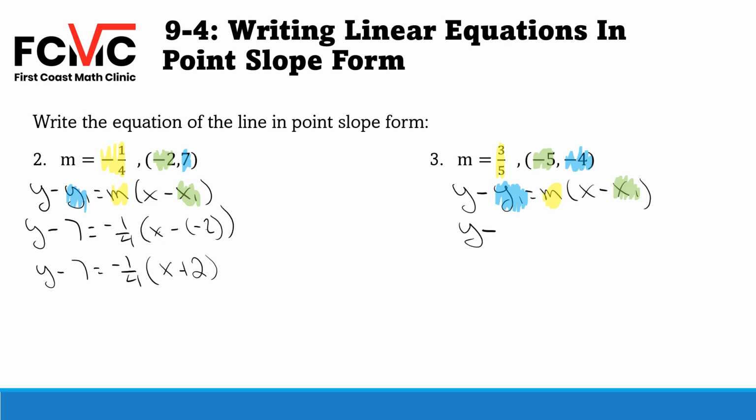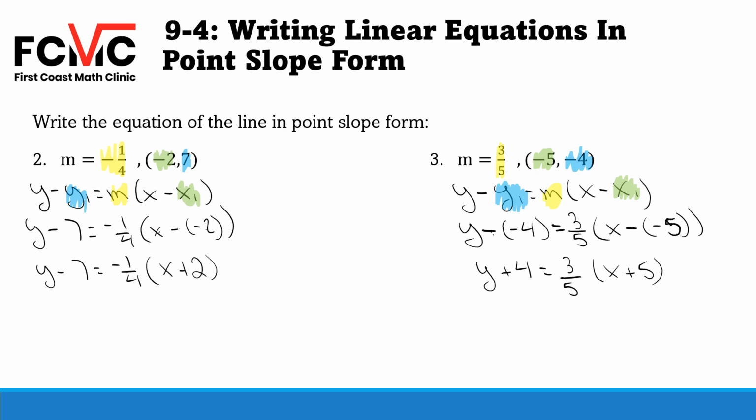So I get y minus negative 4 equals 3/5 times x minus negative 5. So we've got minus and negative and minus and negative. We know we can use our subtraction rule, keep, change. So this is going to become y plus 4 equals 3/5 times x plus 5.